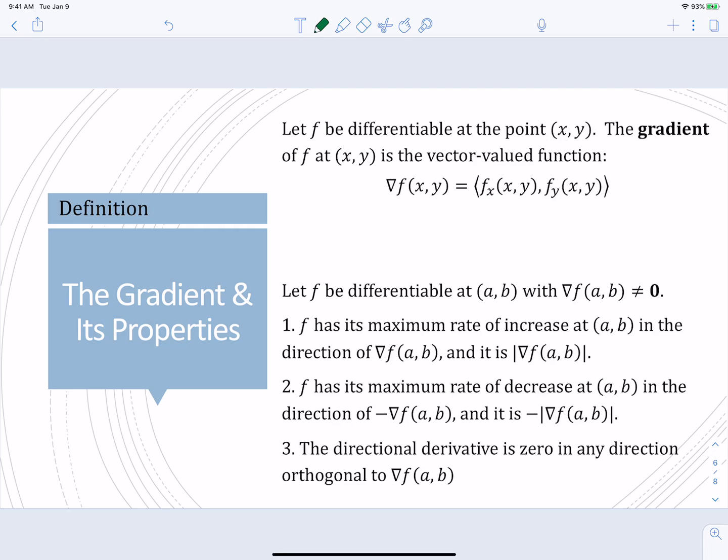It is the gradient. So if f is a differentiable function at a point, the gradient is our vector valued function. Our partial derivative with respect to x is the first component, and the partial derivative with respect to y is the second component. The thing to notice is that we're talking about a 3D function, but the vector that we get is a 2D vector, and it lives in the xy plane. And remember that's also where our level curves live.